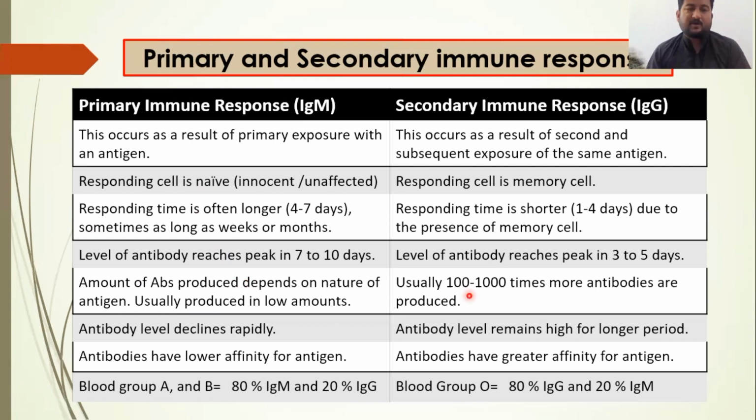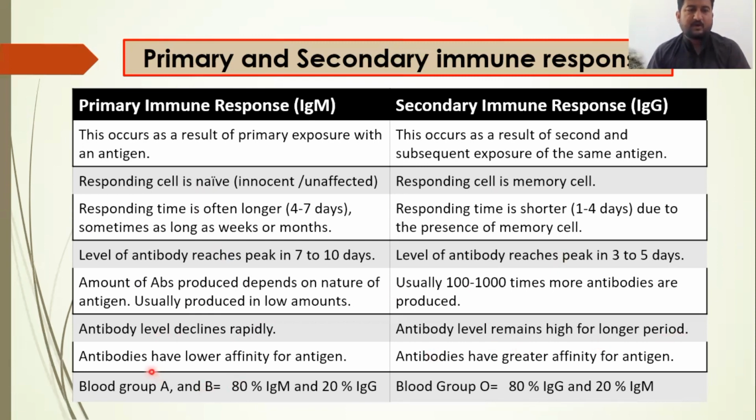So the antibody production amount produced by secondary immune response is 100 to 1000 times greater as compared to primary immune response. Antibodies level decline rapidly. Antibody level remains high for longer period.